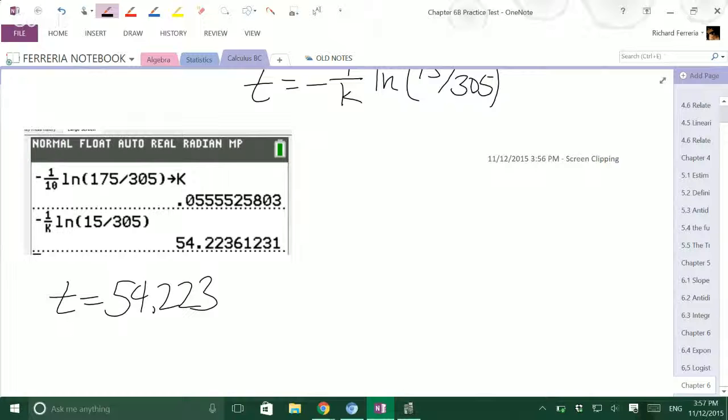But the question is, how much more time? How much longer? That's the question. Right now, we're sitting at t equals 10.